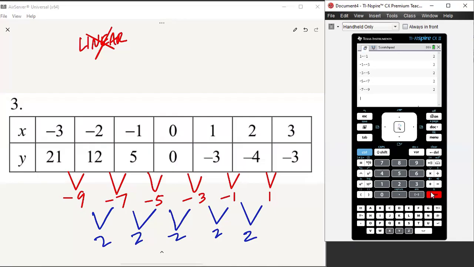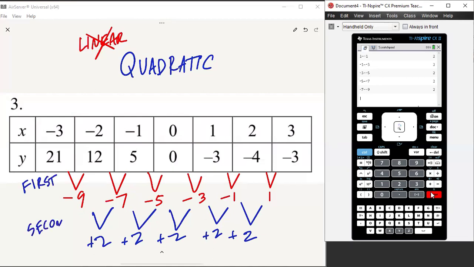So now you can see that I did the first difference, and then I took another difference of those terms, and you can see that this is constant. It's going up by the same number. So now that means it must be quadratic. This is the first difference, this is the second difference.